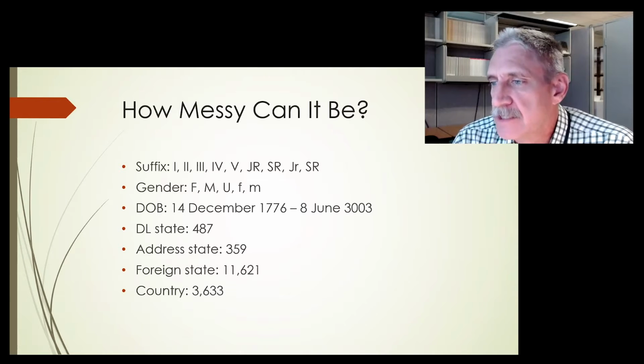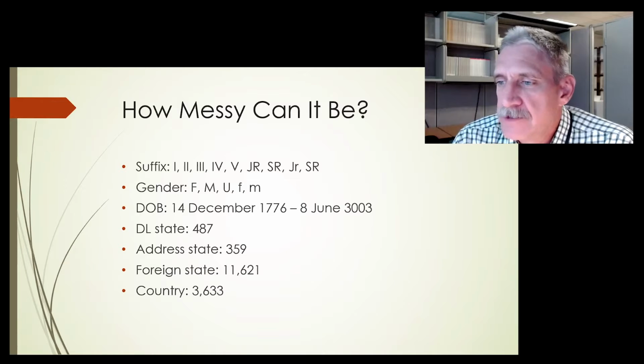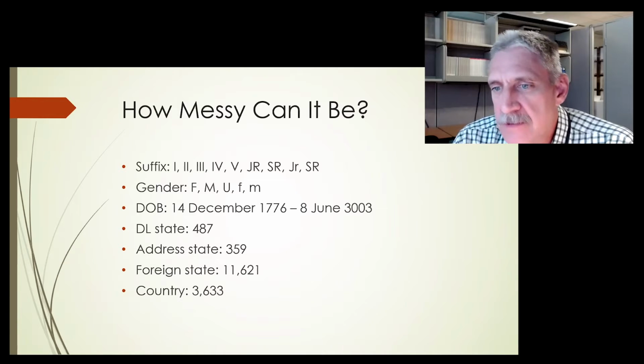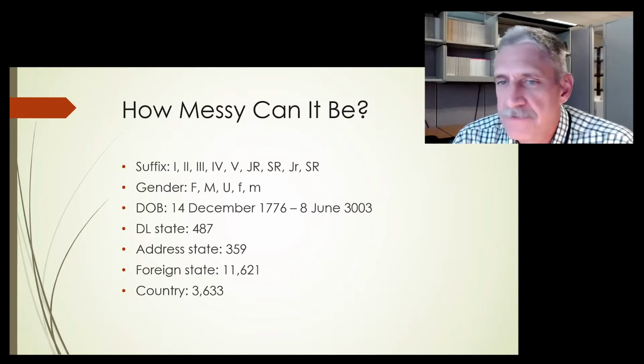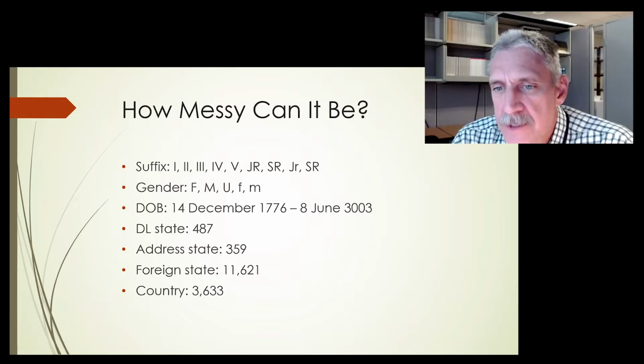The date of birth should be relatively recent, within 100 years or so, you would think. I've got databases with birth dates going back to 1776, and we occasionally get them in the future. There are only 50 states, District of Columbia, and then 12 territories. How do we get 487 different states in the driver's license?